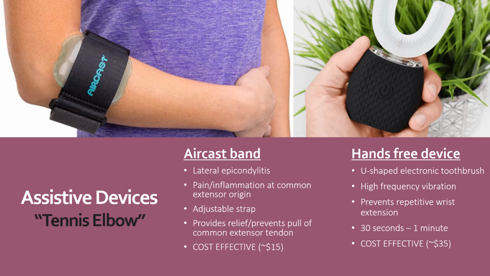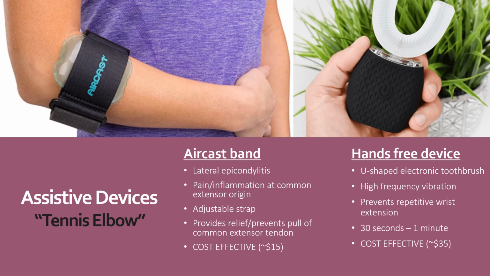As for assistive devices, the use of a hands-free electronic toothbrush, as seen on the upper right, would eliminate the repetitive use of wrist extension and still promote completion of the teeth brushing task. This is a U-shaped mouth guard-like device which simply requires one push of the button in the middle and is placed inside the mouth to clean the teeth in a time frame of about 30 to 60 seconds.